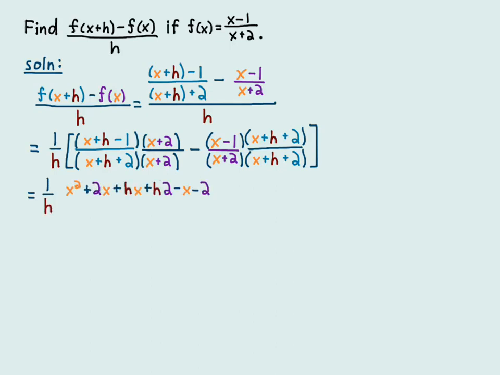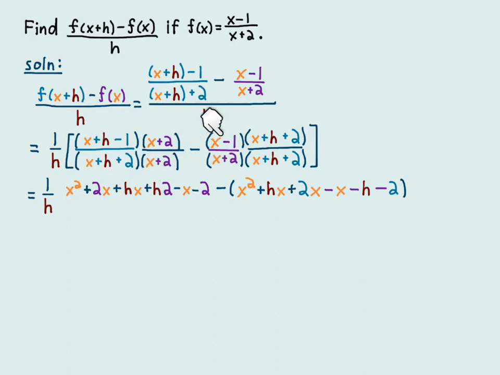So I multiplied out the x plus h minus 1 times x plus 2 just by distribution. Then I put the minus, then I put parentheses, and I multiplied out the x minus 1 times x plus h plus 2 inside the parentheses. Why did I do that? Because this minus here applies to everything, all these terms. And if I try to multiply this out and do the opposite of each one as I go, I'm going to mess it up.